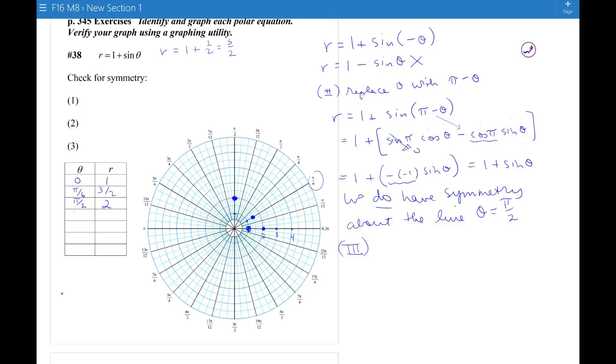And then 5 pi over 6 is going to be another easy to calculate point. So 5 pi over 6, the sine is still a half. So we'll get 3 halves when theta is 5 pi over 6, so 1.5. And then when I get to pi, the sine is 0 and r is 1.